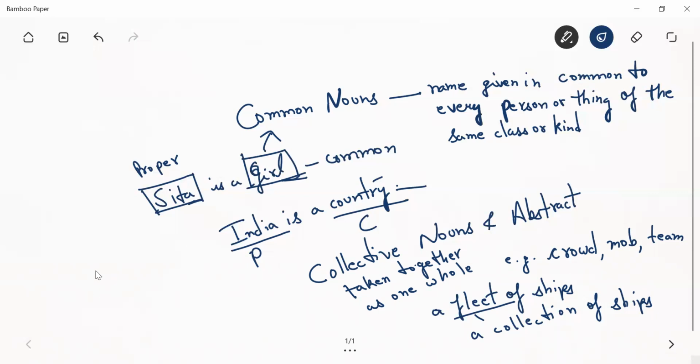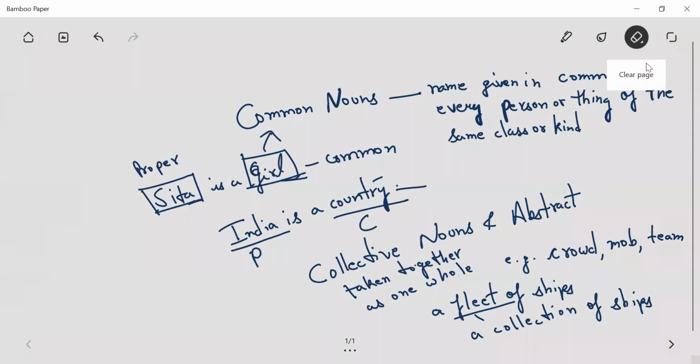We say the police dispersed the crowd. You know the meaning of dispersed?